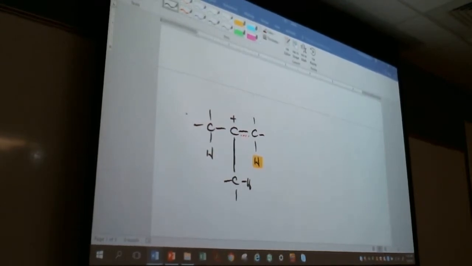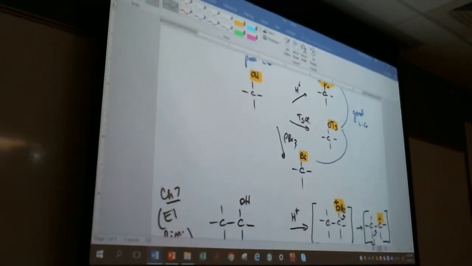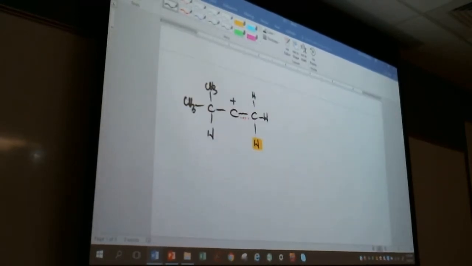And it depends on the groups that are here, right? For now, let me make this a hydrogen, but potentially there will be a third possibility. So if my base, my solvent, comes in and abstracts this hydrogen, I'm going to put these two electrons here, and then I would form this product.